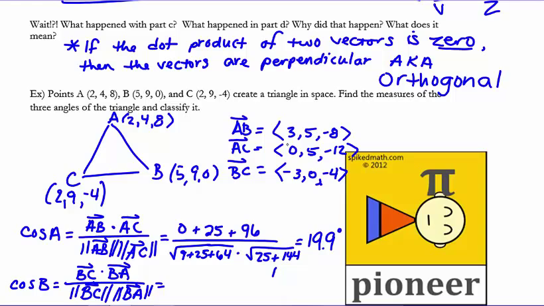So negative 3 times 3 is negative 9, make it a positive. 0 times that is 0. And negative 4 times negative 8 is positive 32, but I'm going to negate it and make negative 32. Whoops. And then on the bottom I have the magnitude of BC, which is the square root of 3 squared plus 4 squared, which is 5.